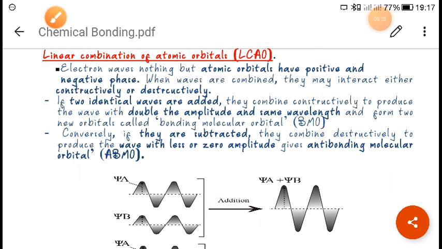Next is molecular orbitals from p atomic orbitals. We know that the three p orbitals are directed along the three coordinates x, y, and z.